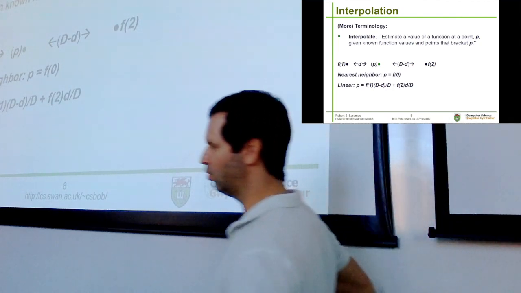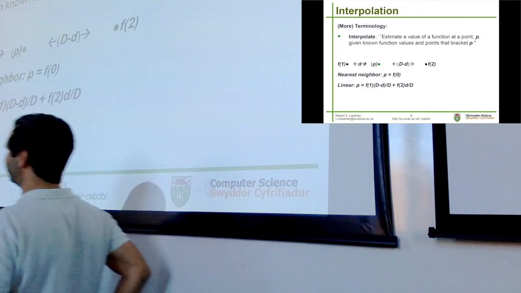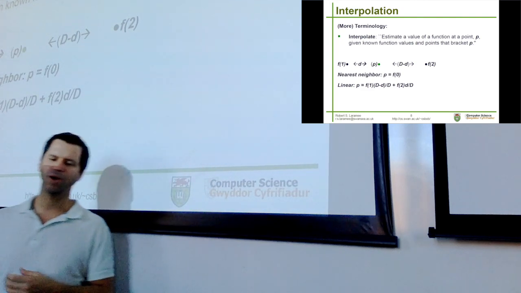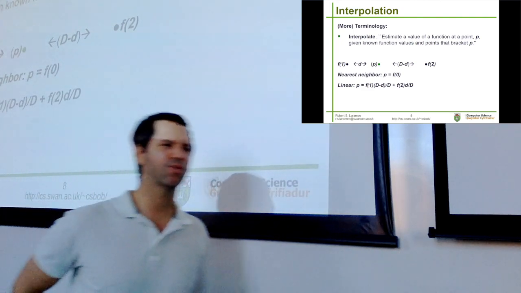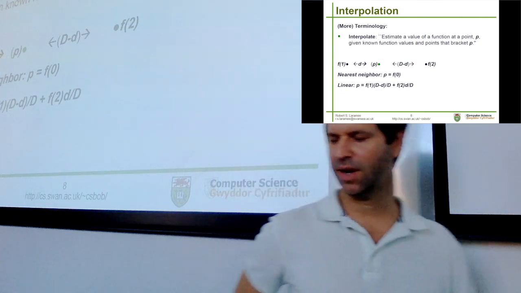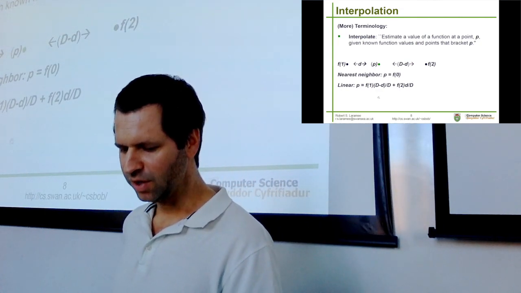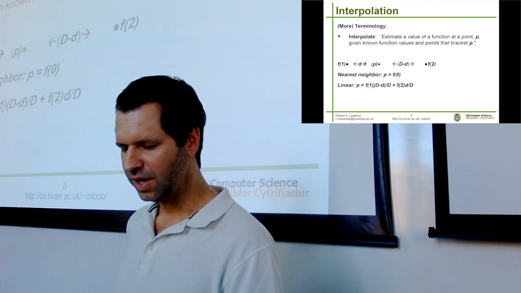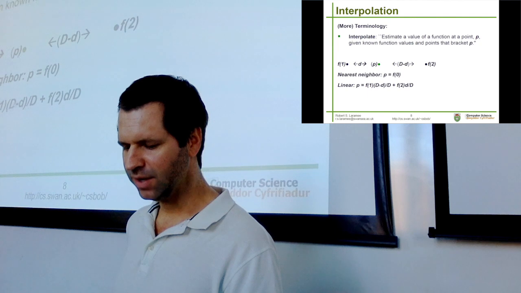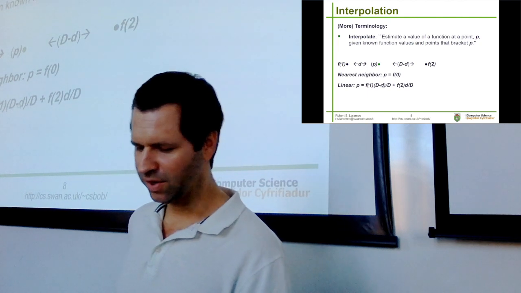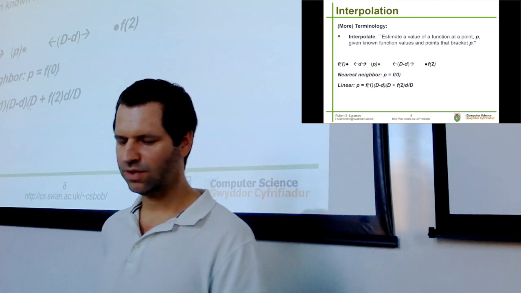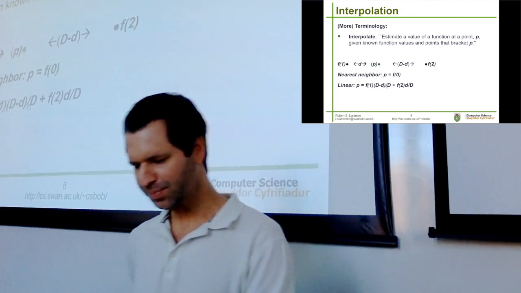So we compute two coefficients called influence. You could call them influences if you want, but it's the percentage of distance away from the neighboring points. So the formula for linear interpolation is summing up F1 times (D minus d) divided by D, so that's the normalization.